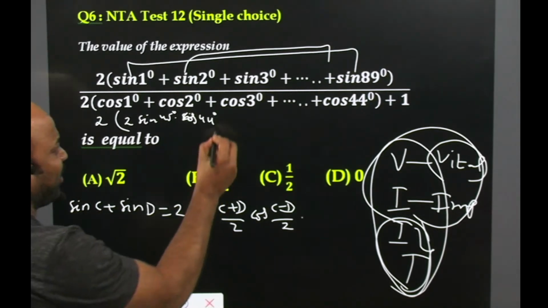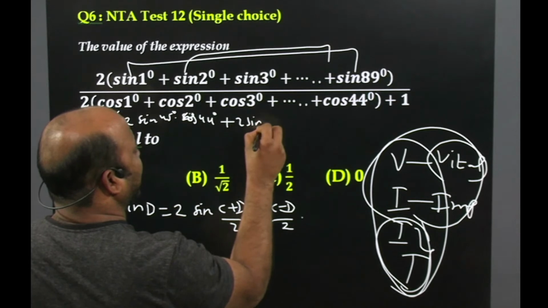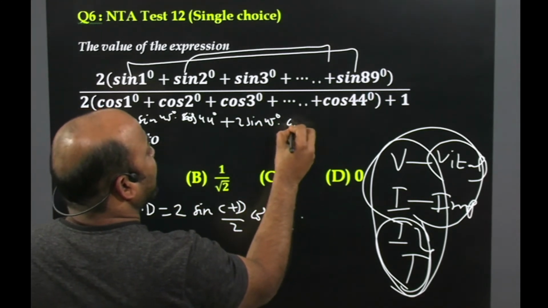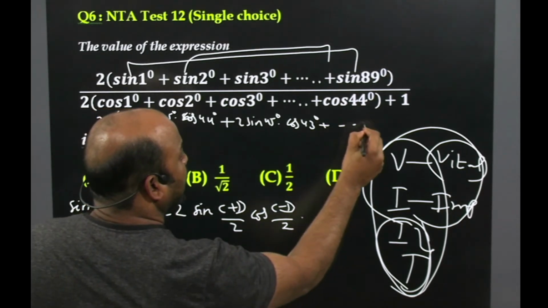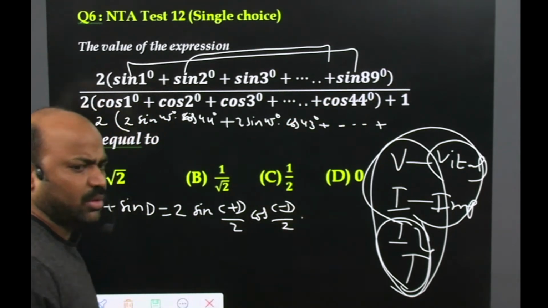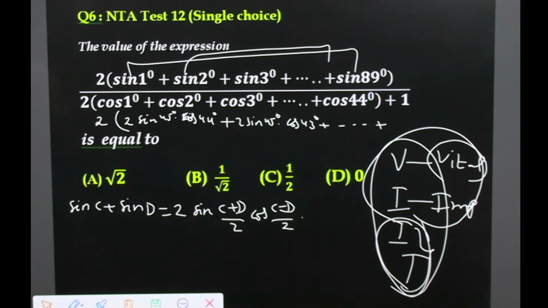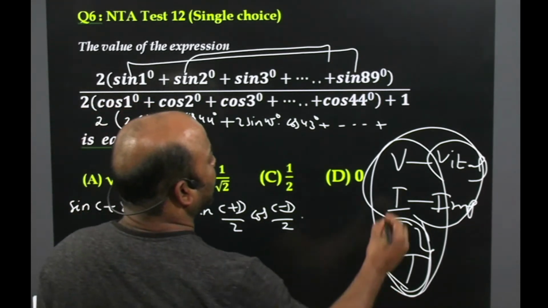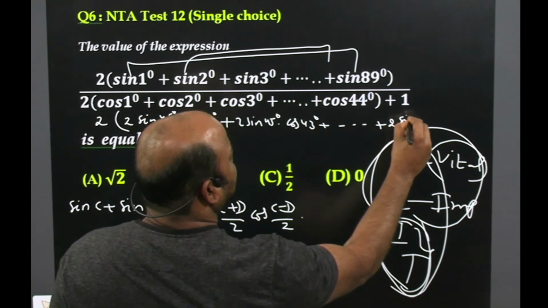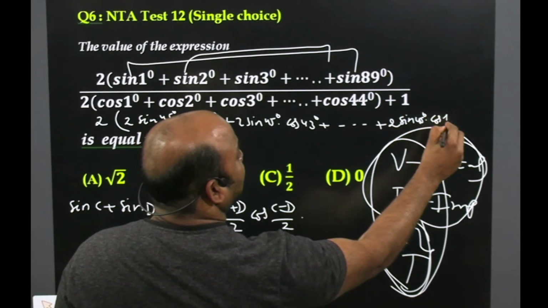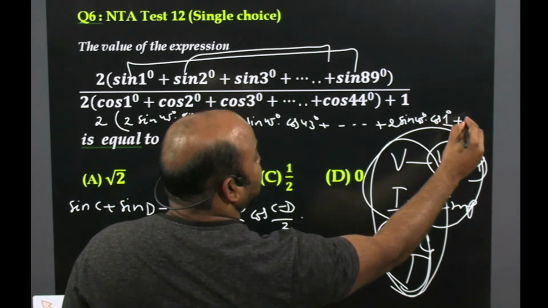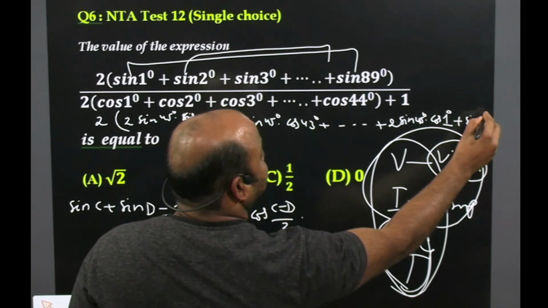So again I will get 2 sine 45 into cos 43. And so on. అన్నీ బాగానే ఉంటాయిరా. లాస్ట్లో 2 sin 45 into cos 1 plus sin 45 మిగిలిపోద్దిరా.